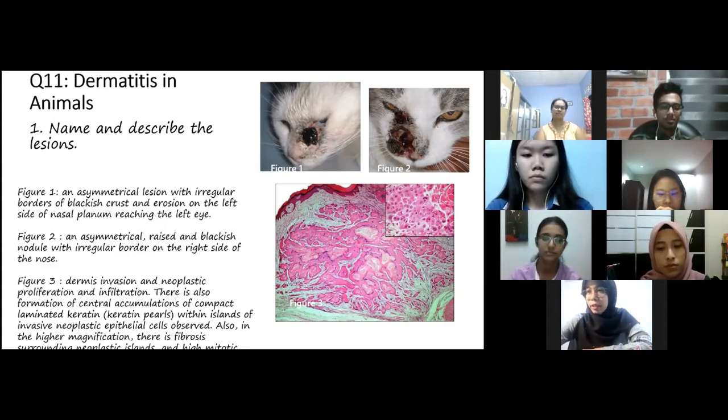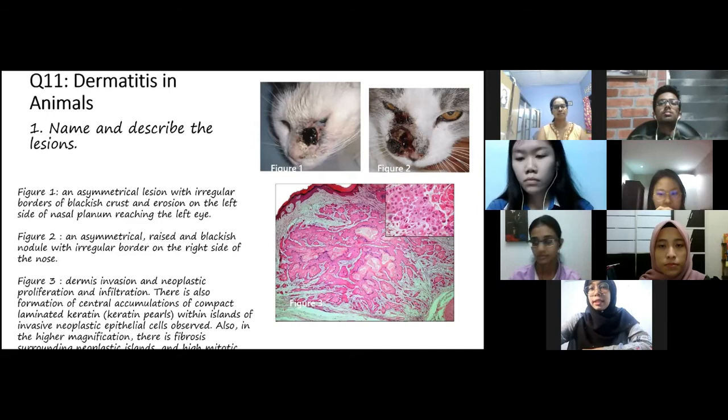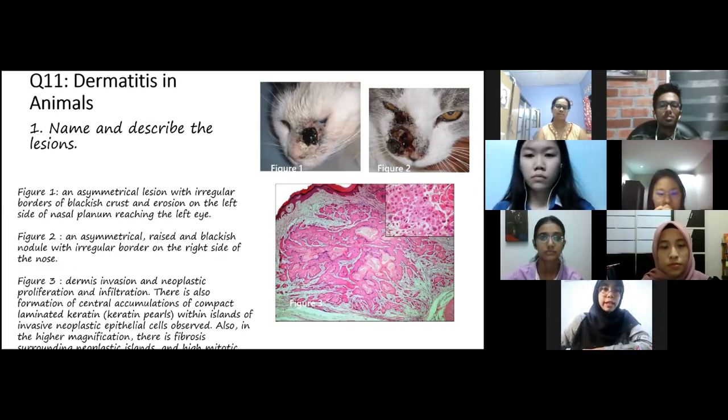So you can see these circular cells, these are the keratin pearls. In the higher magnification, there is fibrosis which surrounds the neoplastic islands, and we can also see high mitotic activity, which is atypical.